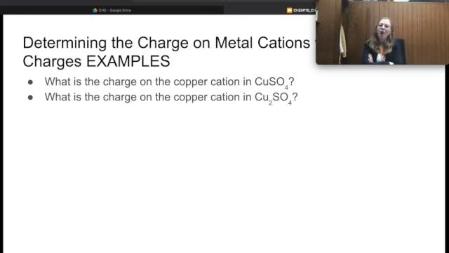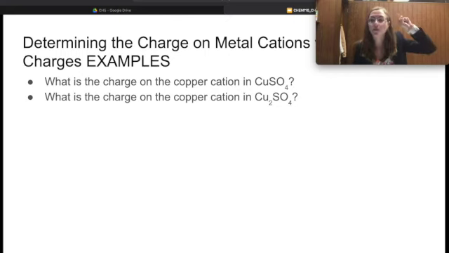So I have one copy of my sulfate. I don't see any parentheses telling me I have more than one copy of my sulfate. We know that sulfate is SO4 2 minus, so it has a 2 minus charge. We have that memorized from it being one of our polyatomic ions. So overall, my amount of negative charge is 2 minus.